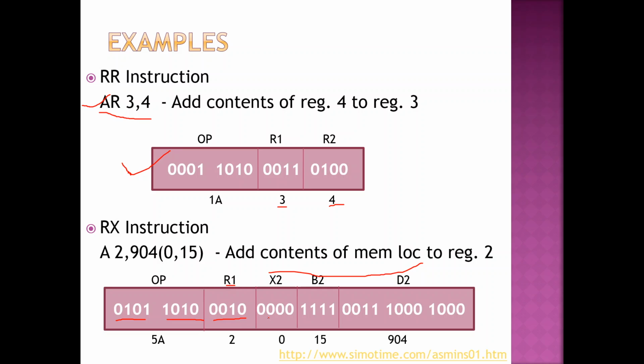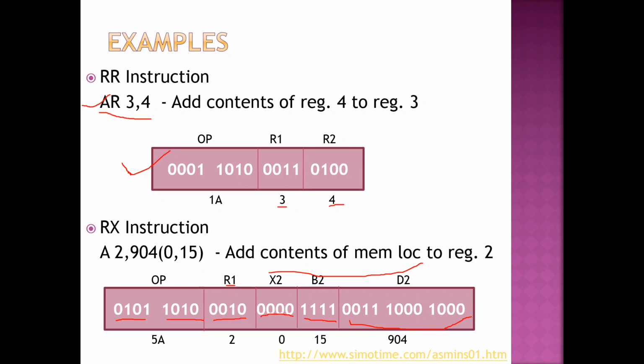My second operand, of course, is a memory location. What is this? Index register. I'm going to use register 0 as the index register. So 0, 0, 0, 0 represents register 0. I'm going to use register 15 as my base register. So 1, 1, 1, 1 is my base register. What is my displacement? 904 is my displacement.